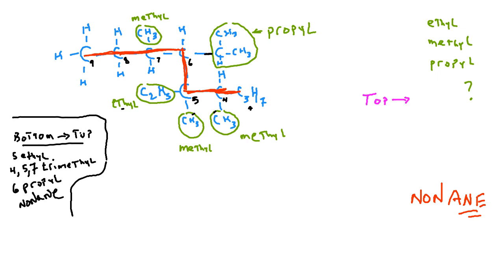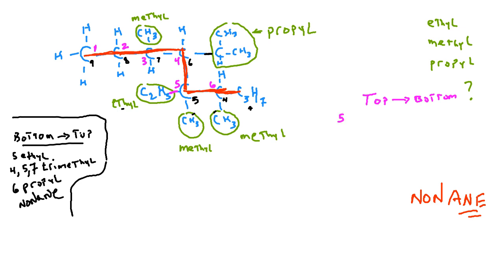Okay, so with this pink color, this becomes carbon 1, carbon 2, carbon 3, this is carbon 4, this is again carbon 5, and this would be carbon 6. So where's the ethyl? Looks like the ethyl's on carbon 5, so we have 5 ethyl. Same as before, that's good.